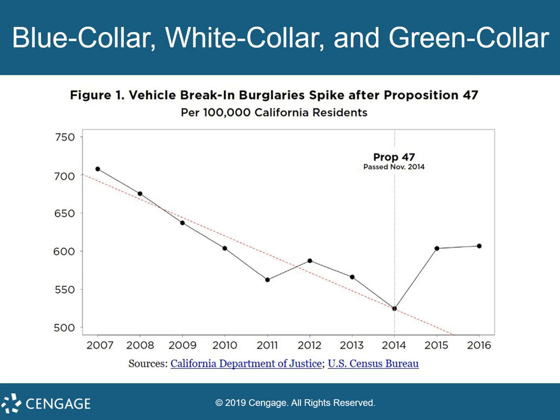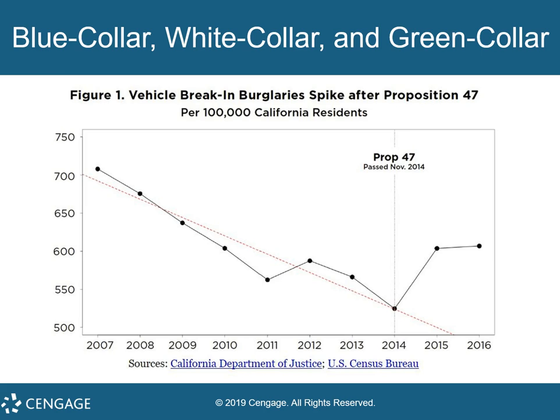But I've got a chart for you that was published by the California Department of Justice and the U.S. Census Bureau. It takes a couple of categories of theft, and it shows us vehicle break-ins or vehicle burglaries.